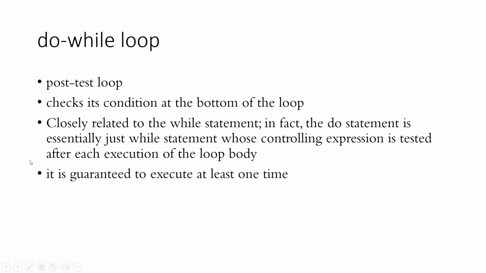So it's closely related to the while statement. In fact, the do statement is essentially just a while statement whose condition, or controlling expression, is tested after each execution of the loop body. With that, it is guaranteed to execute at least one time.